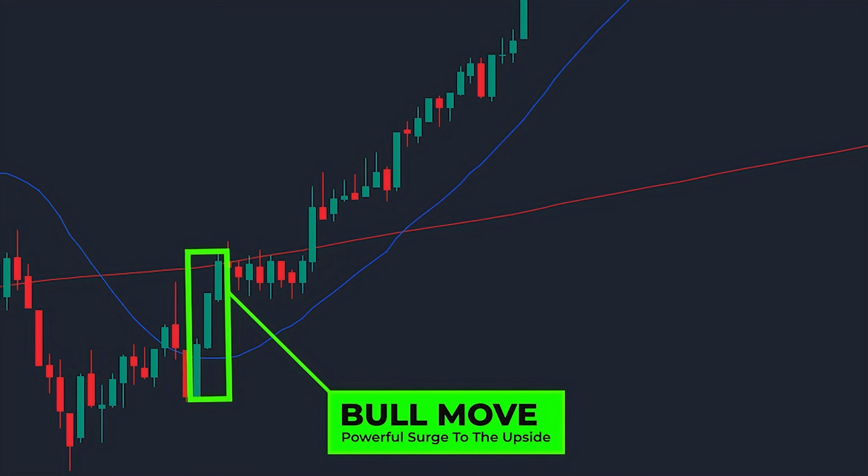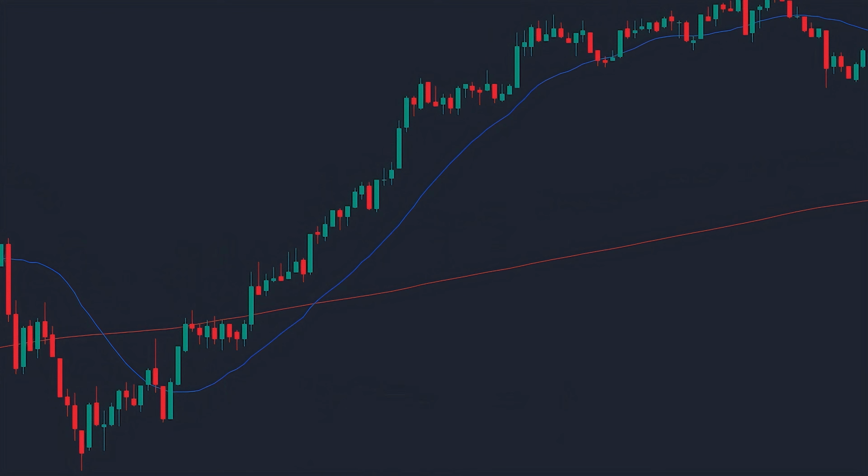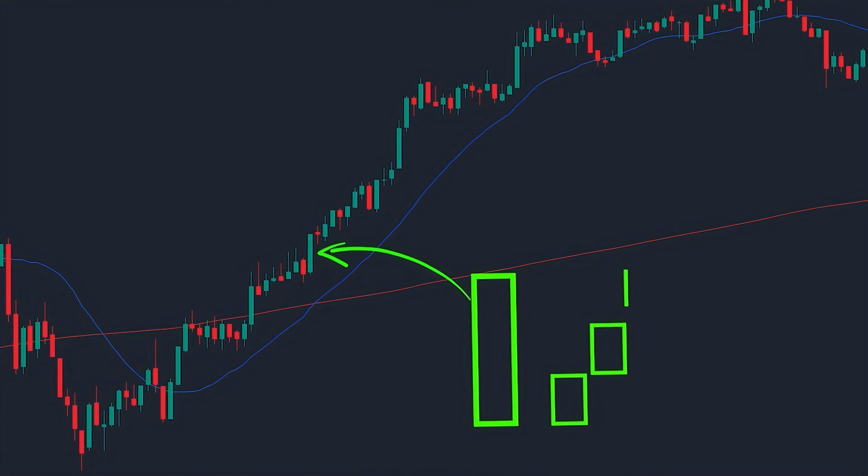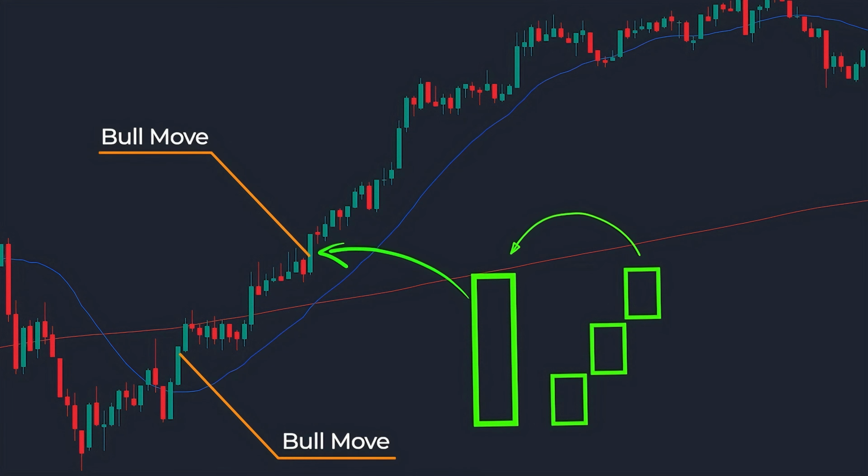Now, in reality, guys, I'm going to draw here a little bit. In reality, this strong surge to the upside can be in the form of one solid bar move, just like you see here, or in reality, you could get a multiple bar run to the upside that represents the same thing. Both of these scenarios are bull moves.